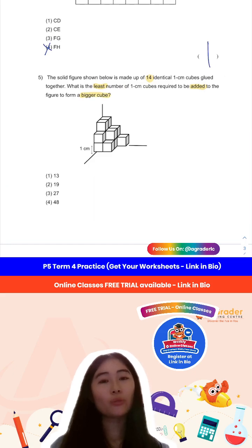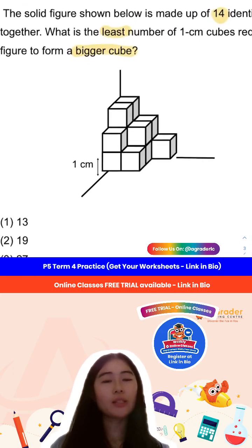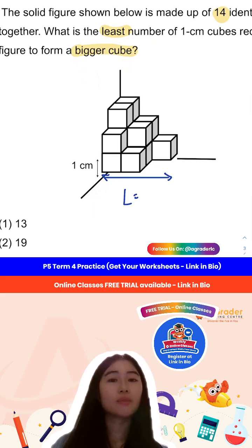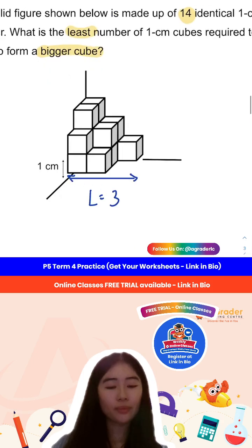Alright, so if you want to form a bigger cube, let's take a look at the current length, breadth, and height first. Right, so let's say this is the length. Okay, so the length over here is 3. Okay, you find the breadth also. The breadth is also 3.